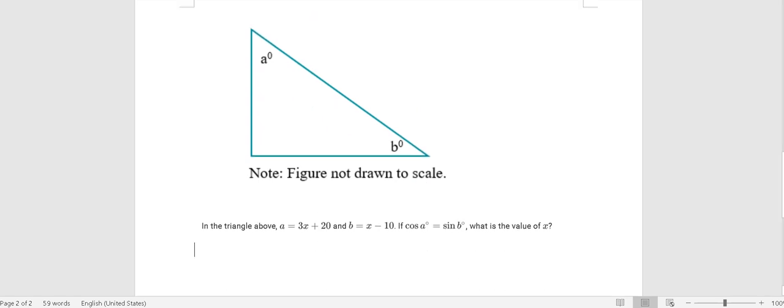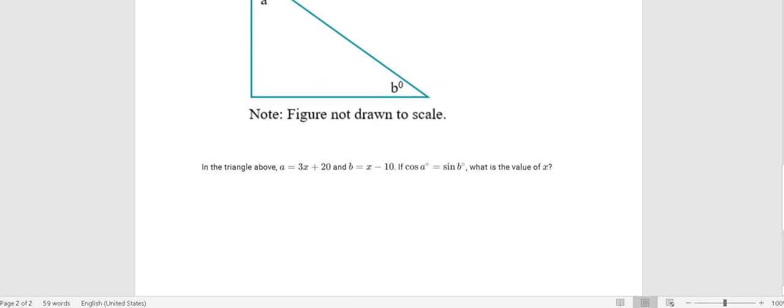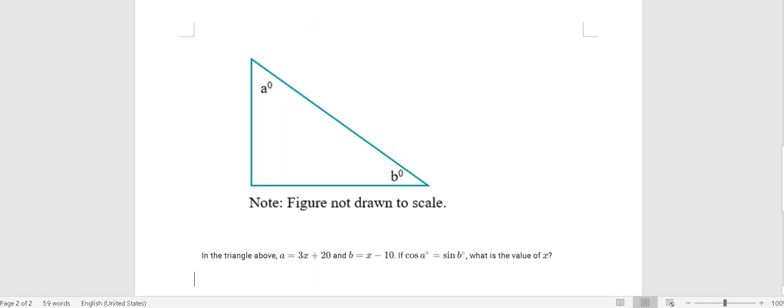Now, figure not drawn to scale, so you cannot assume that this is a right triangle. Basically, they do not say that the triangle is correct, therefore you can only visualize, not take the angles for granted. But if you see here, cosine of A equals sine of B, what kind of triangle does that sound like to you?